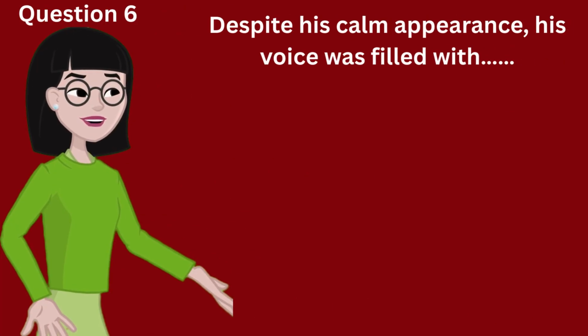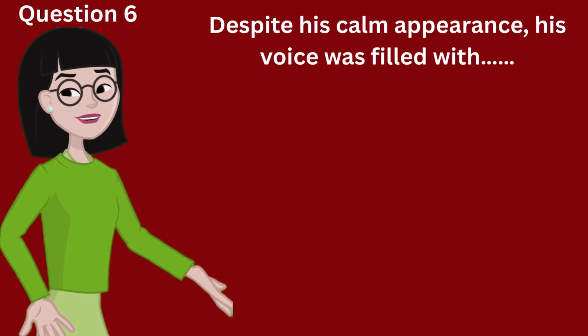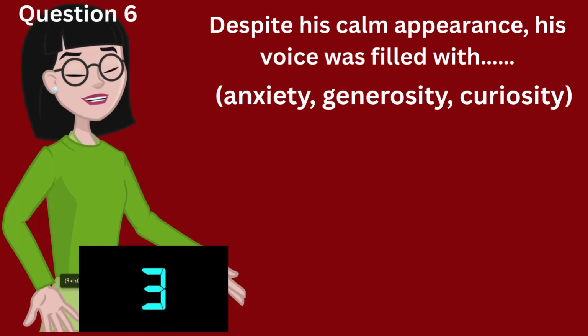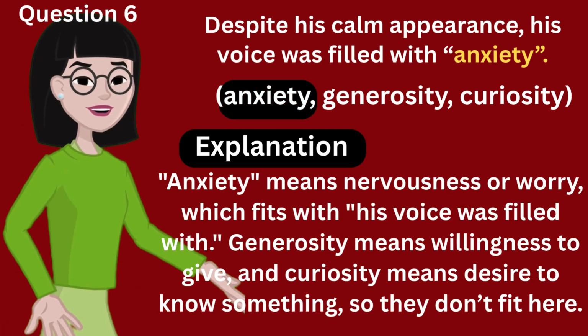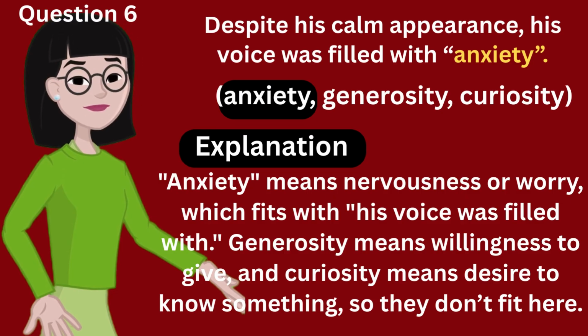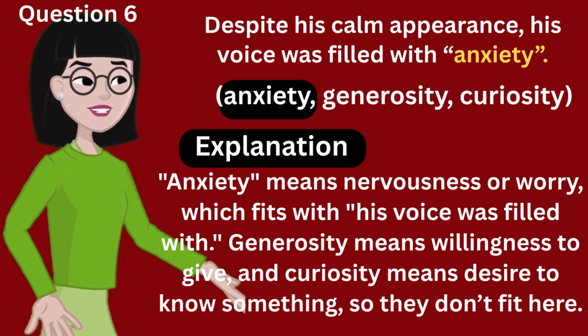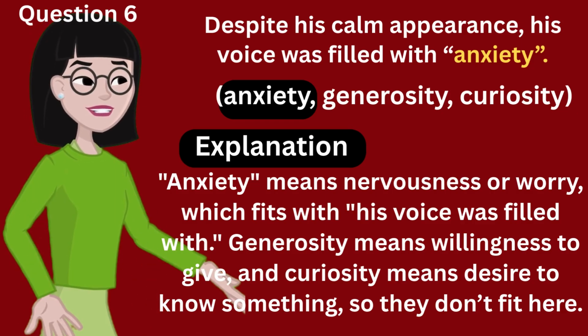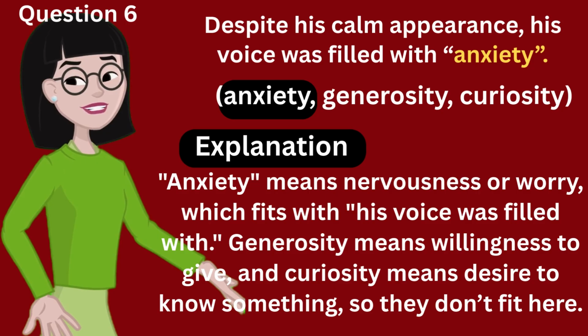Question 6. Despite his calm appearance, his voice was filled with anxiety, generosity, curiosity. Anxiety means nervousness or worry, which fits with his voice was filled with. Generosity means willingness to give, and curiosity means desire to know something, so they don't fit here.